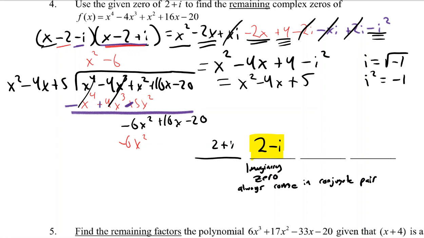Oh, I didn't. Yeah. Right here. See, the longer the long division question is, the easier it is to make mistakes. But as I said, these have to divide into it evenly because these factors came from zeros, and zeros always divide into it evenly. So I messed my arithmetic up right here. 1 minus 5 would be -4.